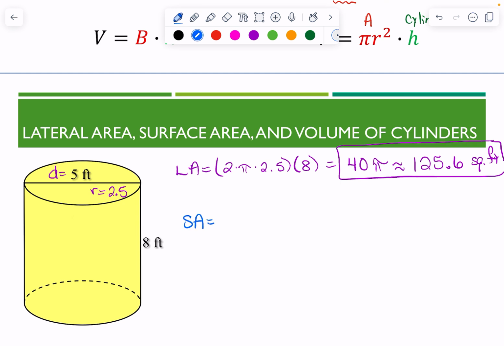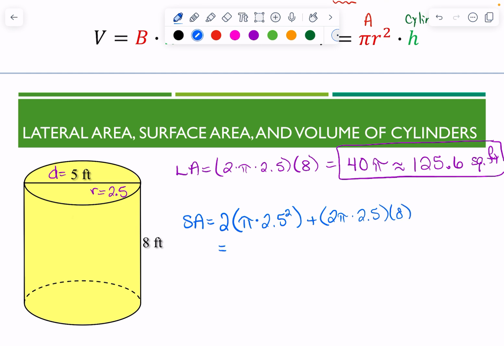Next, I'm going to move to the surface area. The surface area, remember, is the area of the base times 2. The area formula for a circle is pi times radius, 2.5 squared. Plus the lateral area, which is 2 pi times 2.5 times 8.